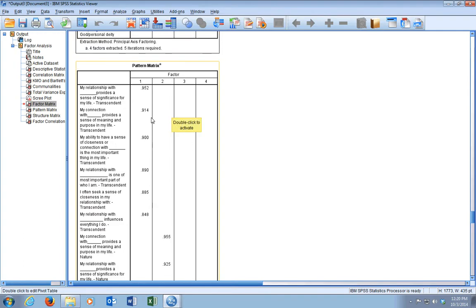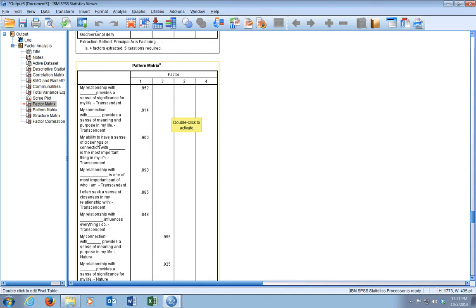And Devellis talks more about what the rotation means, but it just helps you interpret the loadings more clearly. So generally what we're looking to see is that these items were loading on the different subscales based on the target of the sacred.